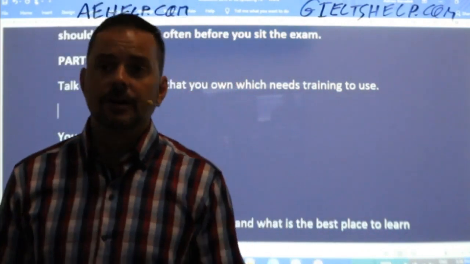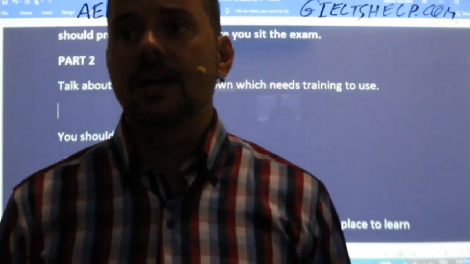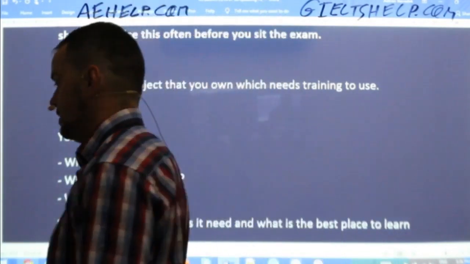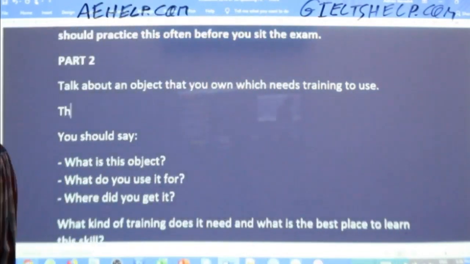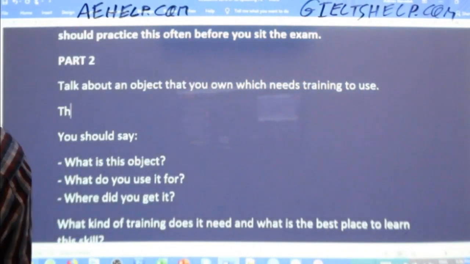Kirti Dagar, very good. That's a strong high band start. The object that I own and needs training is a pen. Okay, very good, Kirti. Kirti's the first one I read that gets a band 9 start.